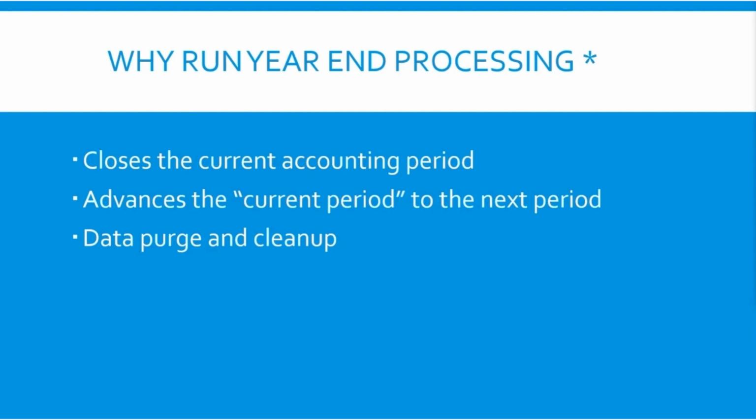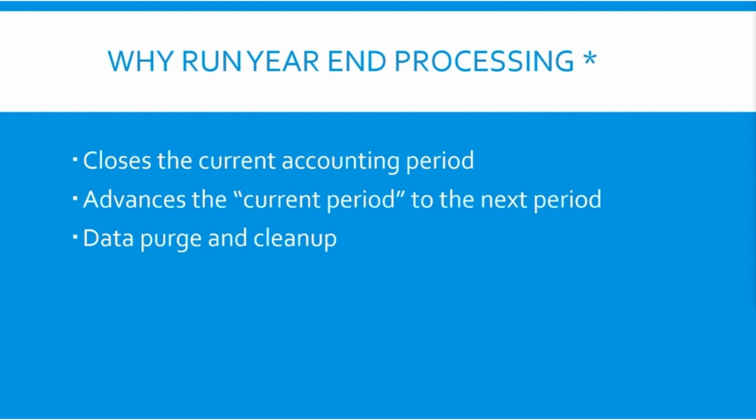There are history retention settings in all of the modules, such as number of years to retain sales history and number of years to retain general ledger history. That's all defined in the setup options for each module, and part of the year-end process looks at those settings and automatically does some cleanup.